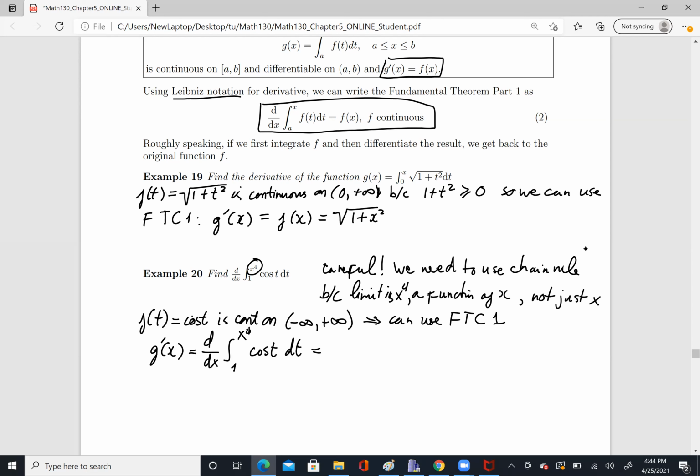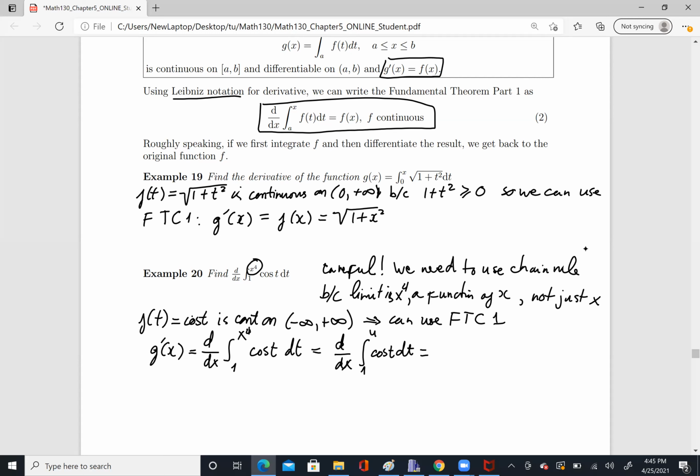Equal to, let's say, d/dx of the integral from 1 to u. Okay, I substitute x to the power 4 to become u and have cosine t dt. And I need to convert the d/dx over here to become u.